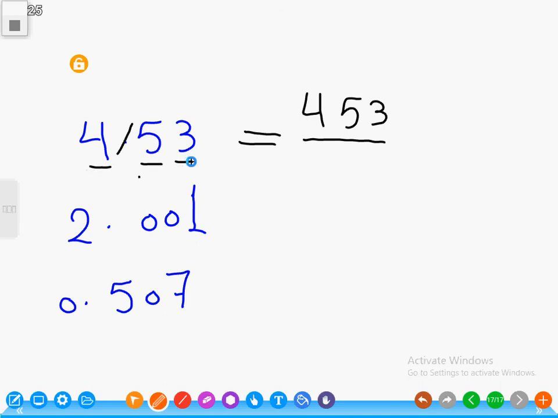In the denominator, what can we write? We will count how many digits after the decimal point: 1, 2. So 100 in the denominator.